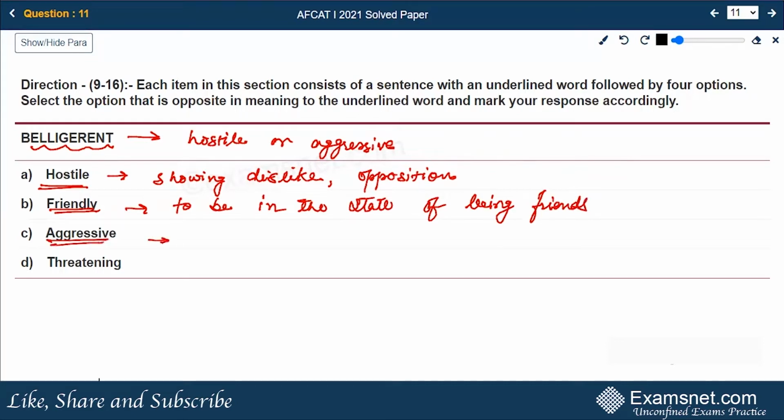Aggressive is something which is ready or likely to attack or confront.